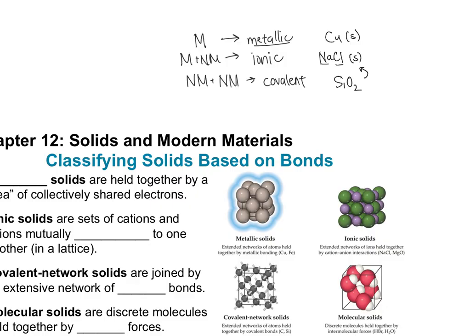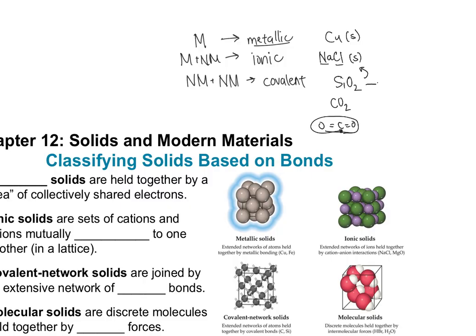That's different than something like carbon dioxide, which is held together by two covalent double bonds, but it's not extending into other bonds. This carbon is not going to bond to another oxygen from another molecule. This whole individual unit, if it's a solid, is going to be held together by IMFs.